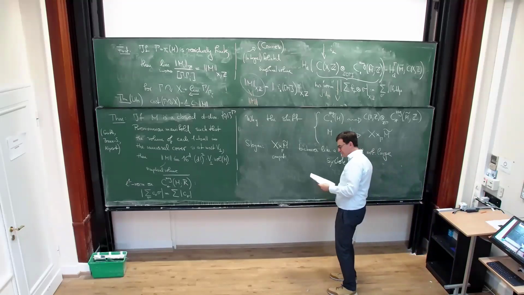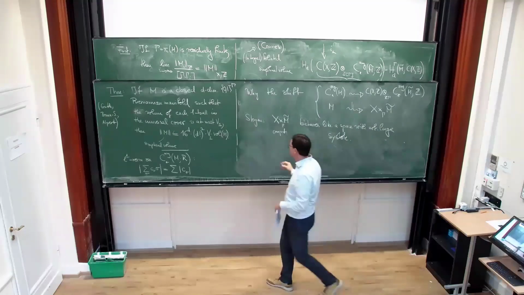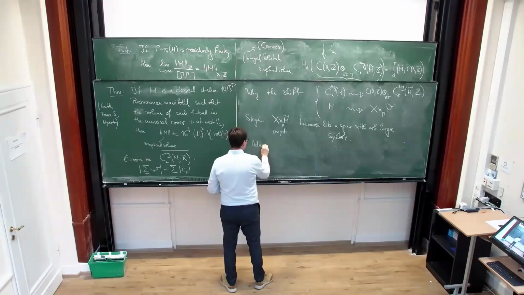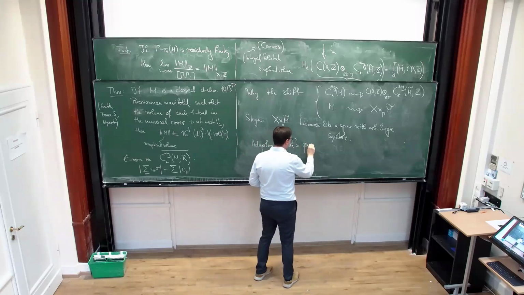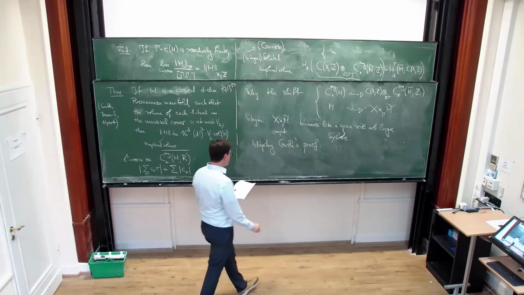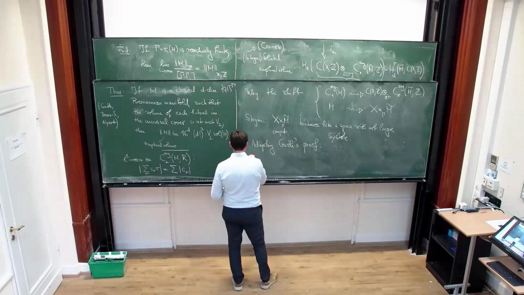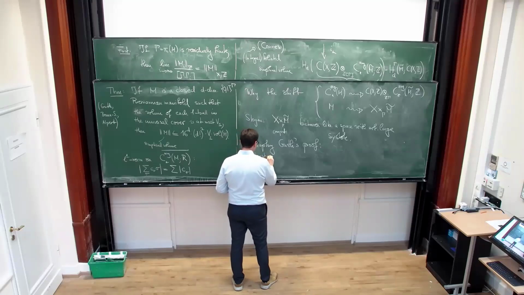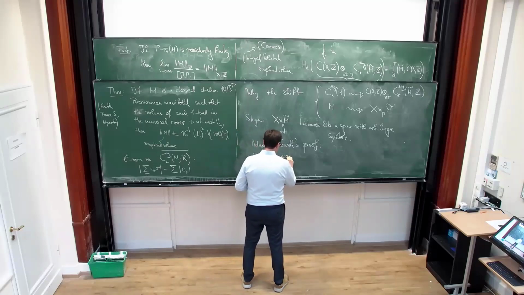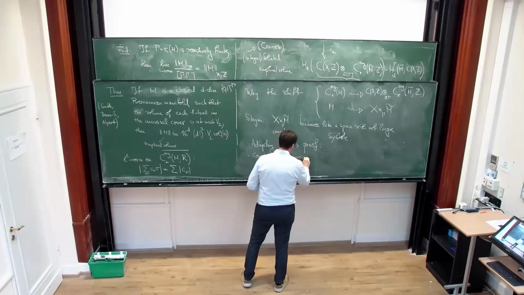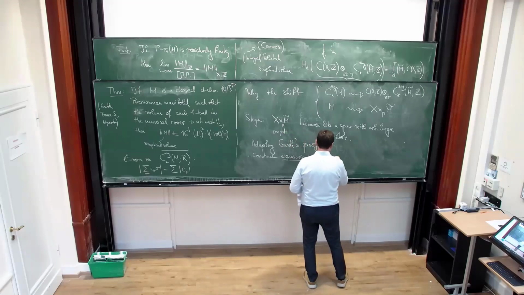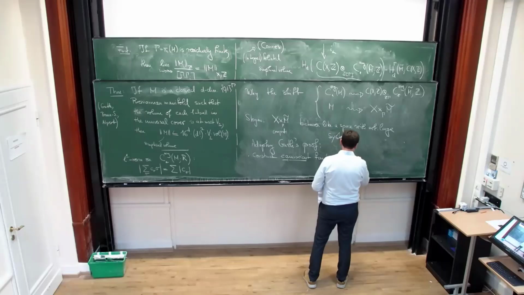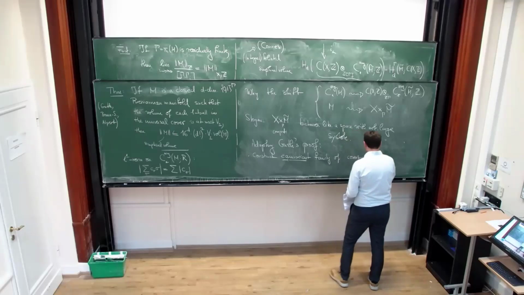What you do to adapt Guth's proof is that you construct an equivariant family, and I have to say what I mean by equivariant, of covers by balls.